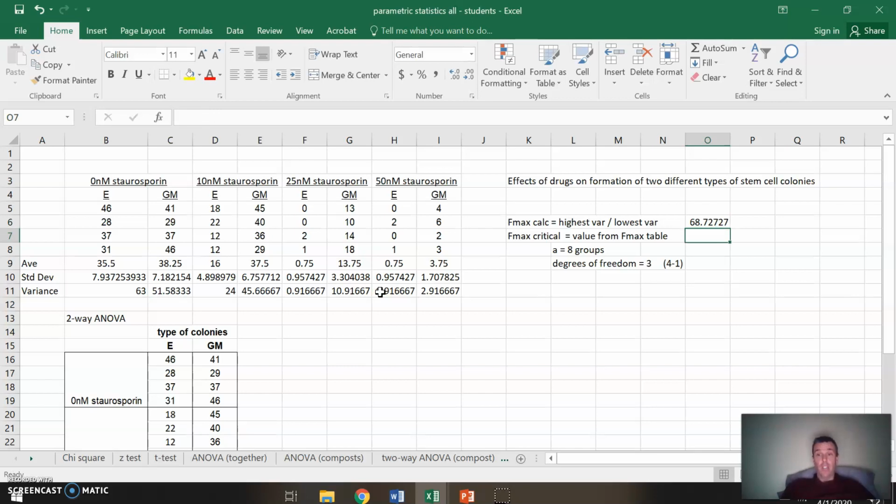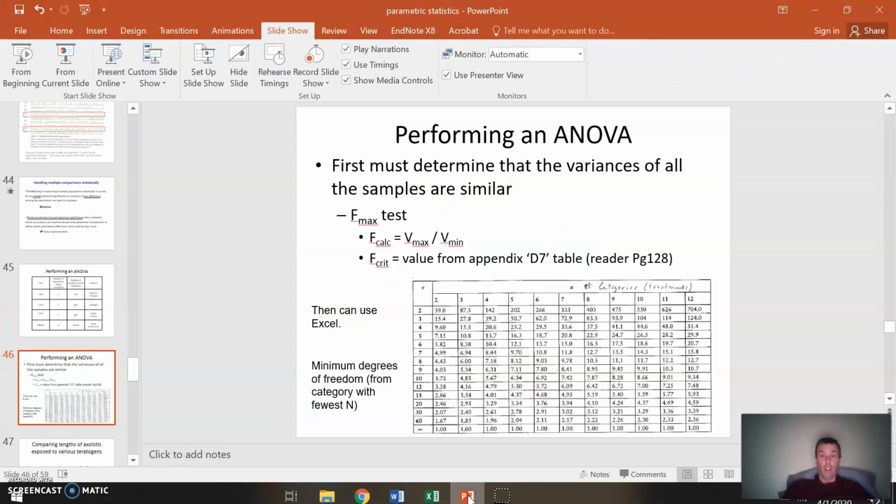But let's take a look at the table for a second, because we know that for the table we need to know A. That's our number of groups. We have 8. 1, 2, 3, 4, 5, 6, 7, 8. And our degrees of freedom is 3, because each group has 4 replicates. 4 minus 1 is 3 for our degrees of freedom. So if we go to our table here, this is the F max table, 8 for our number of categories, and our degrees of freedom 3 is 83.3.